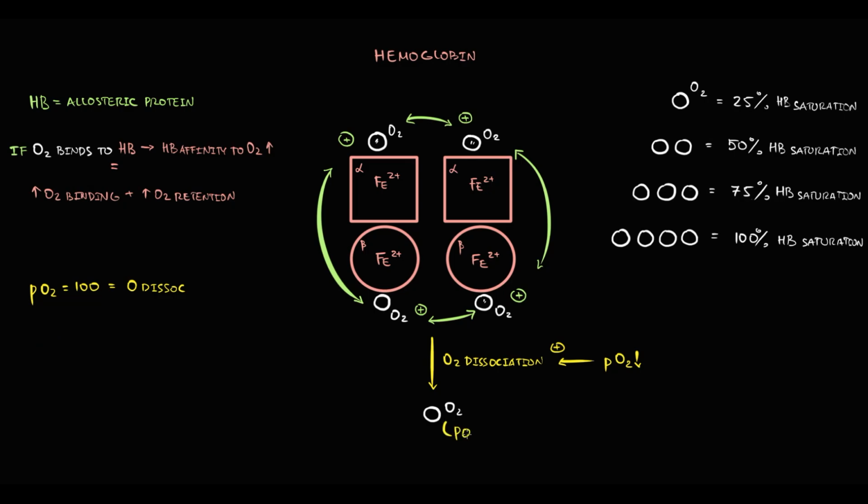Hemoglobin gives away the first oxygen molecule only when partial pressure of oxygen becomes lower than 40. The dissociation of two oxygen molecules occurs only with partial pressure of oxygen lower than 26, and four oxygen molecules dissociate only with partial pressure of oxygen near 0.